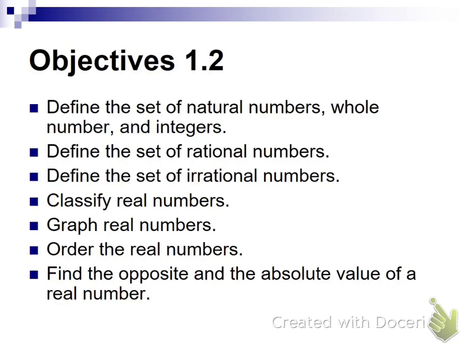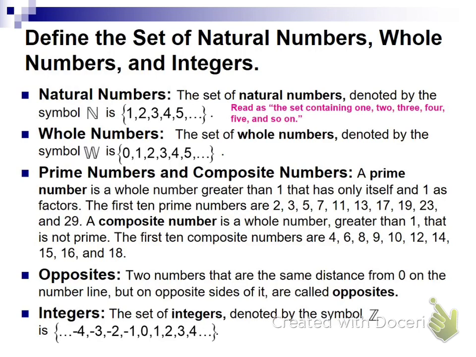There are a few things I want to go through with you guys. So here we go. The symbol for natural numbers, which are the set of counting numbers 1, 2, 3, 4, 5 and so forth, is denoted by an N. Whereas the symbol for whole numbers is like a double W, which you have all seen for real numbers.